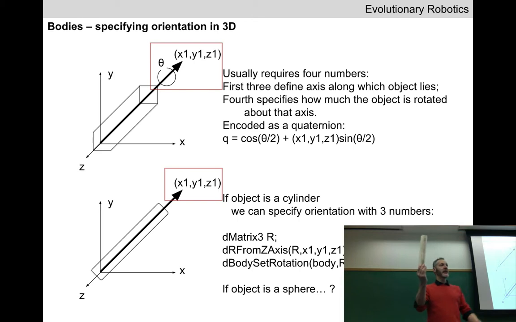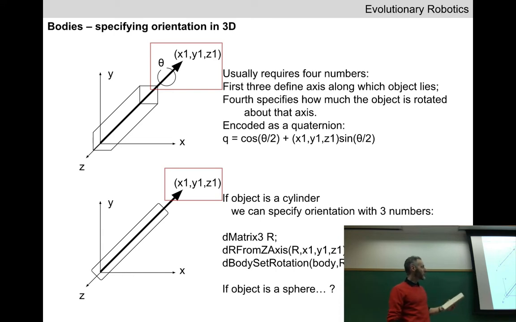Three of the 4 numbers, x, y, and z, set the long axis along which the object lies. So imagine we have a 3-dimensional object like this. We define a 3-dimensional vector, and we then lie the object along that vector. And then the 4th number specifies how much we're rotating the object around that long axis. It gets a little tricky.